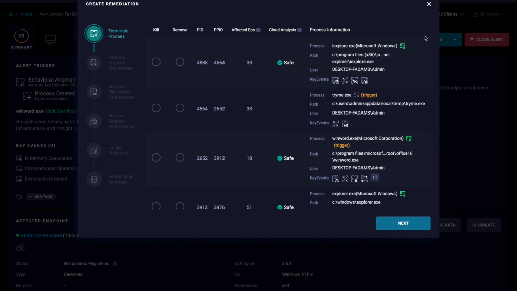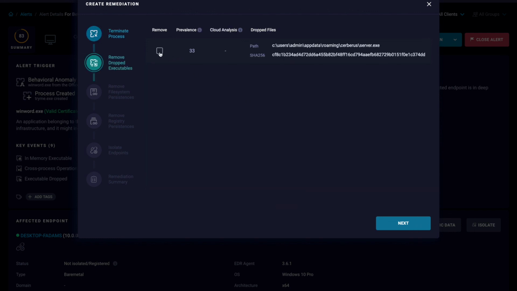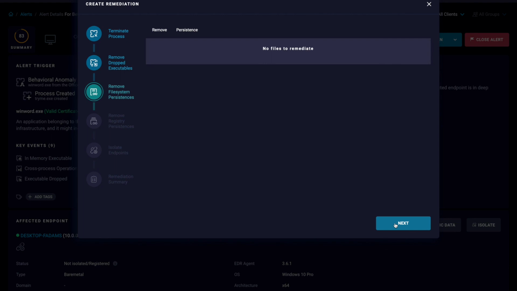So therefore, the remediation plan offers that up, as we're able to quickly notice the try.me.exe. We know we want to kill and remove that process. ReaQta will let us know if there's any dropped executables that have been associated with that process. We're able to go ahead and remove them.